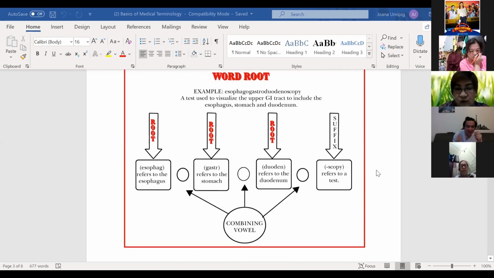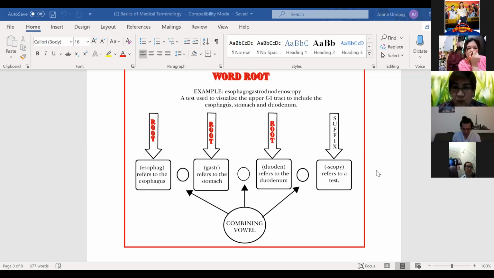This is a word root. Check what the word roots are here. The medical term is formed starting with a word root. So the word roots in esophagogastroduodenoscopy are, number one, esophag, which refers to the esophagus. The tube between the mouth and the stomach is the esophagus.